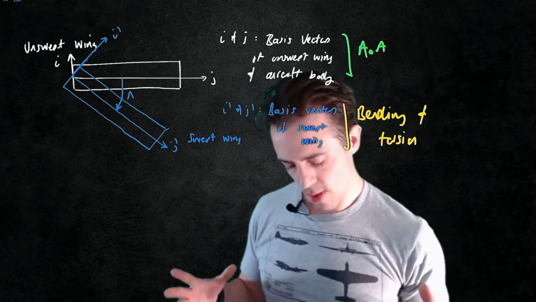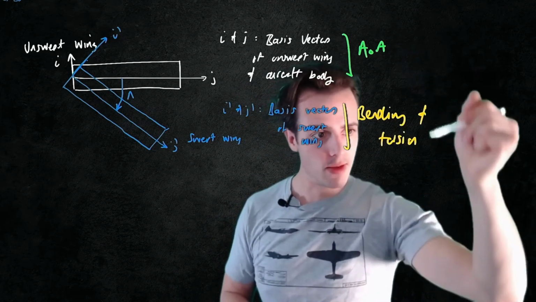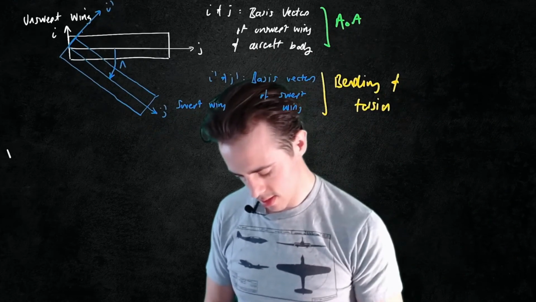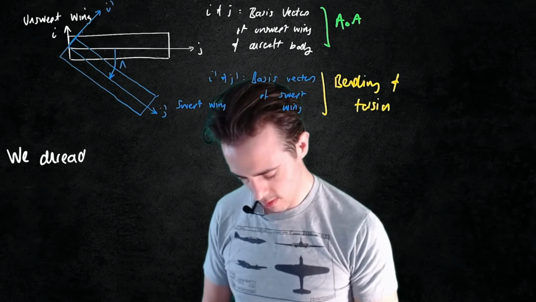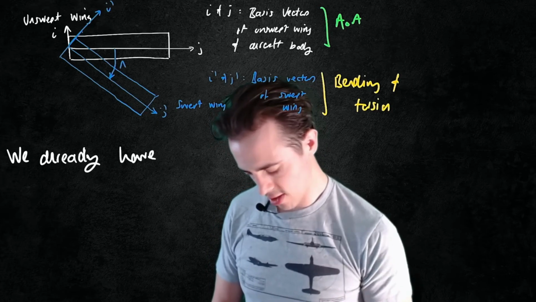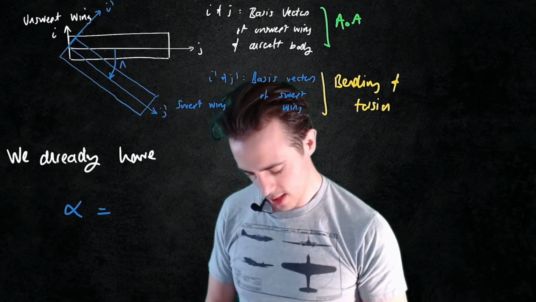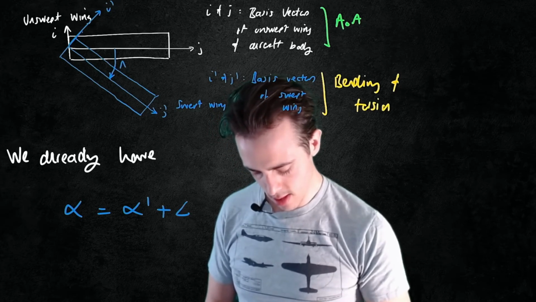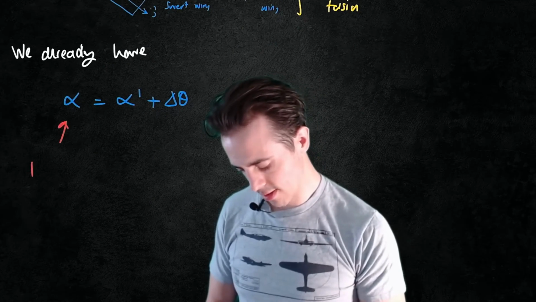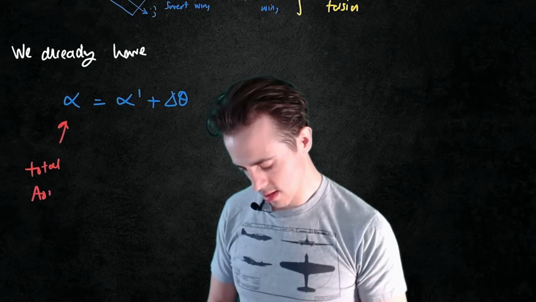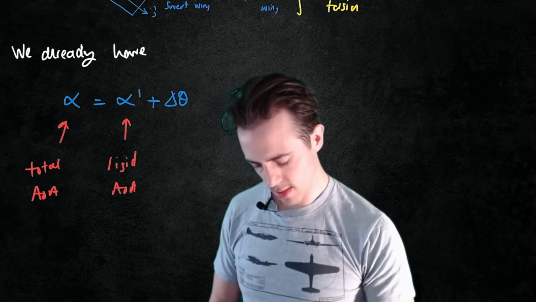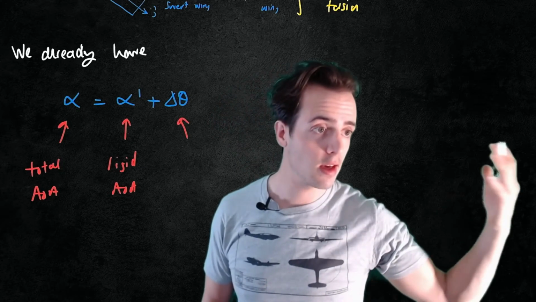Okay, so we want to see if we can work out the relationship that relates these two things together, because we already have from the previous lecture that the angle of attack is equal to alpha prime plus delta theta. So this is total angle of attack. This would be the rigid angle of attack. And this here would be the elastic change in incidence.